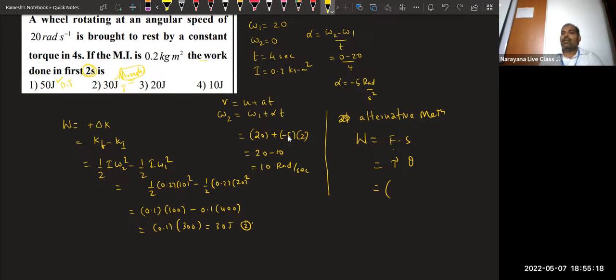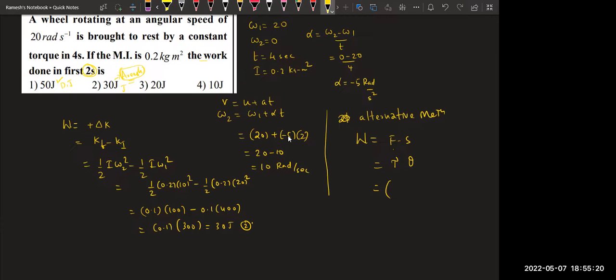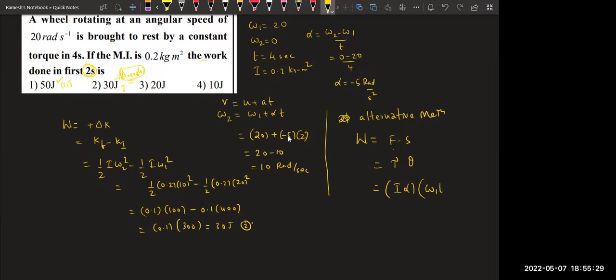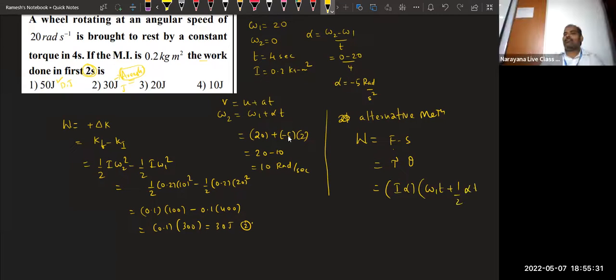Understood? Tau value, how much, my dear students? I alpha. Very good. What is angular displacement? Omega 1 into t plus half into alpha into t square, right or not? I value, how much? 0.2. Alpha value, how much? Minus 5.